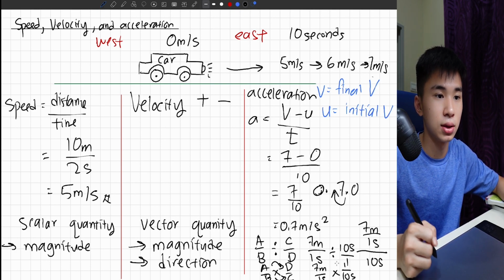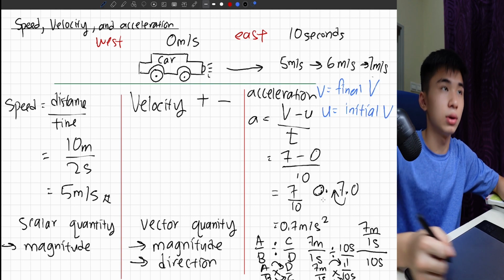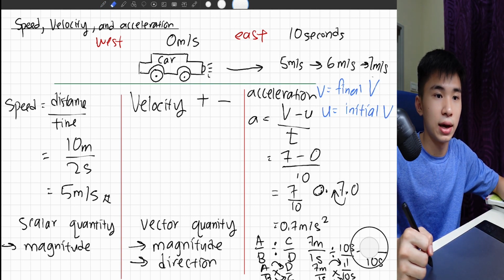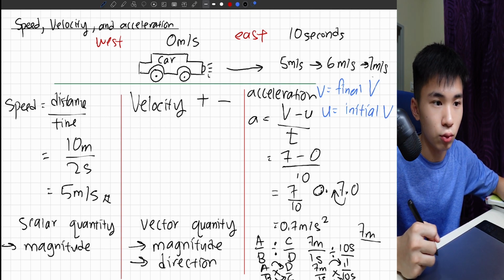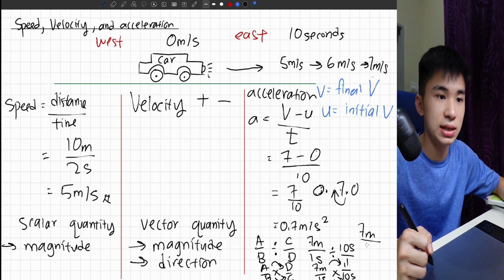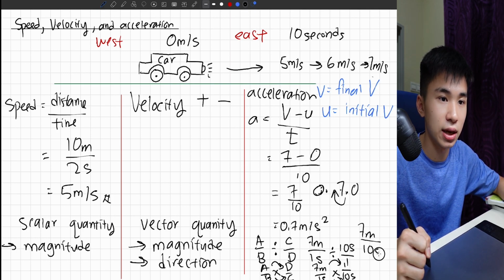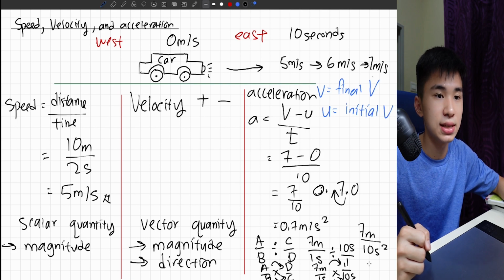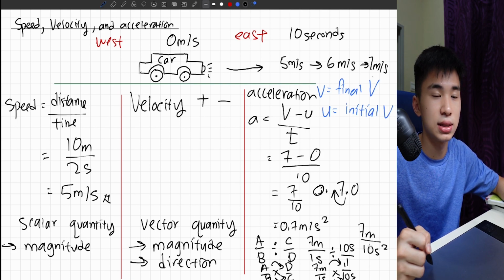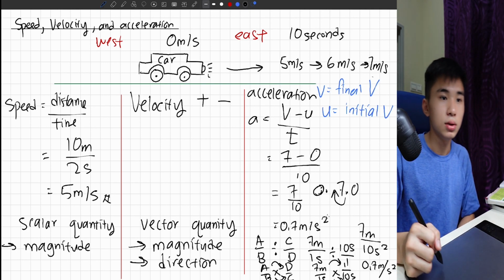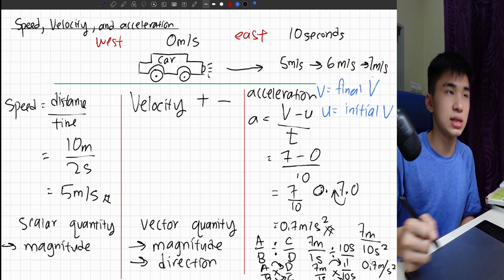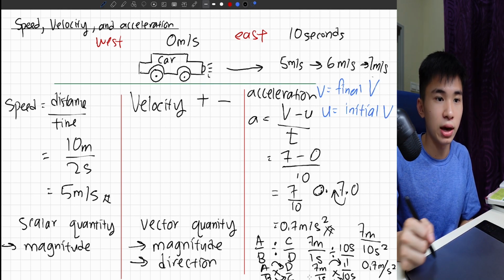See, I flip it and just multiply it, and you will get 7 m. And notice here, 1 second times 10 seconds is going to be 10 seconds squared. Okay, so 10 seconds squared, if we divide by this guy here, 7 over 10, 0.7, and put a line over s squared. So see, it is the same. So this is how we get the m/s squared.